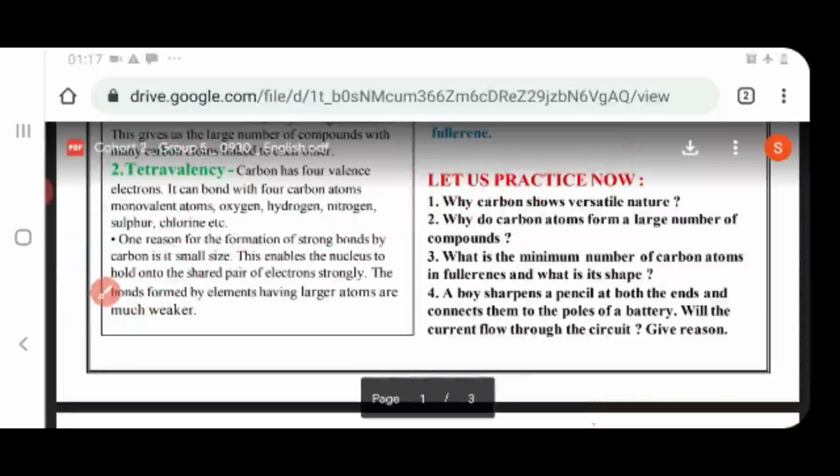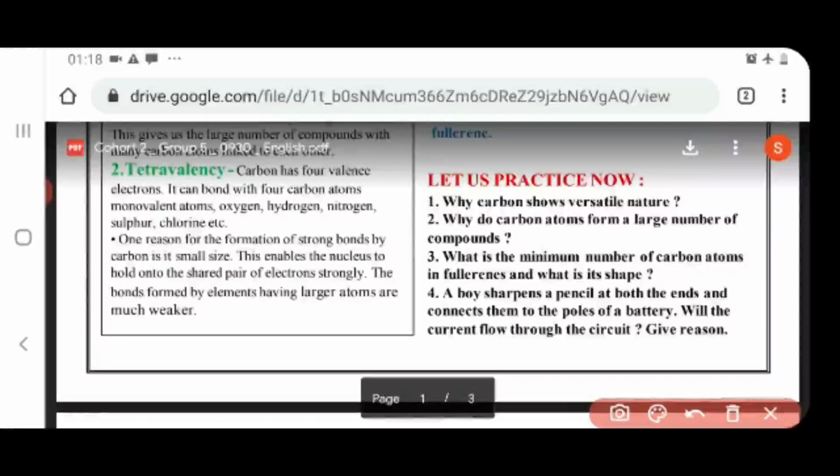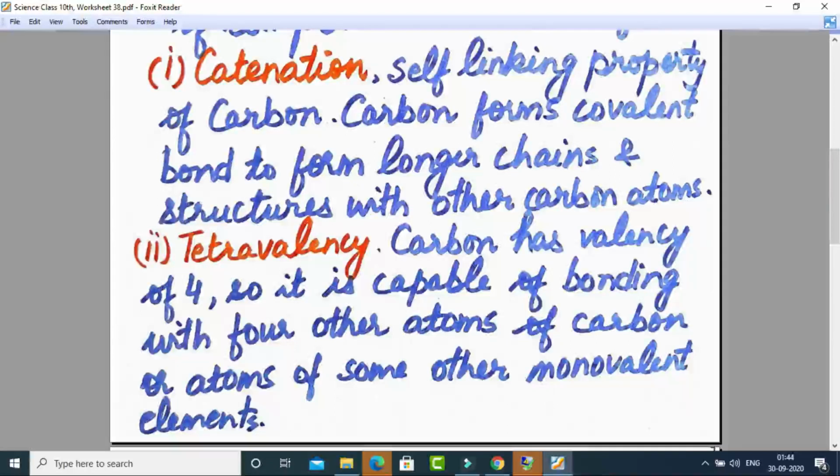Now come to the other question. Second, why do carbon atoms form a large number of compounds? Carbon forms a large number of compounds because of catenation, tetravalency and the small size of carbon atoms. Catenation is the self-linking property of carbon.